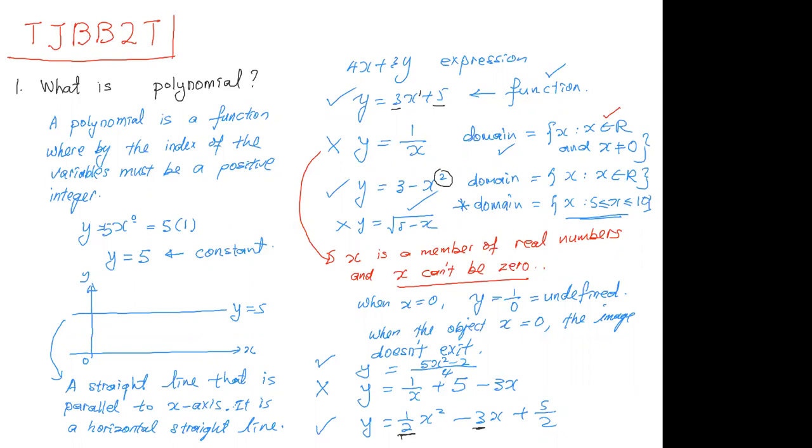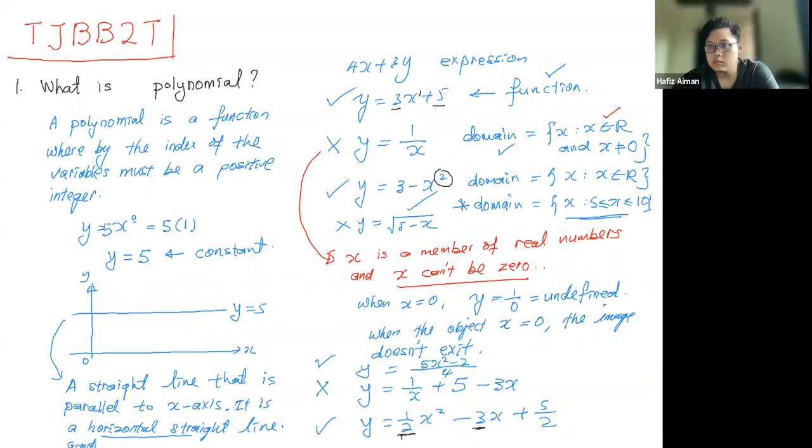I'm teaching you already, horizontal straight line, the gradient is equal to 0.